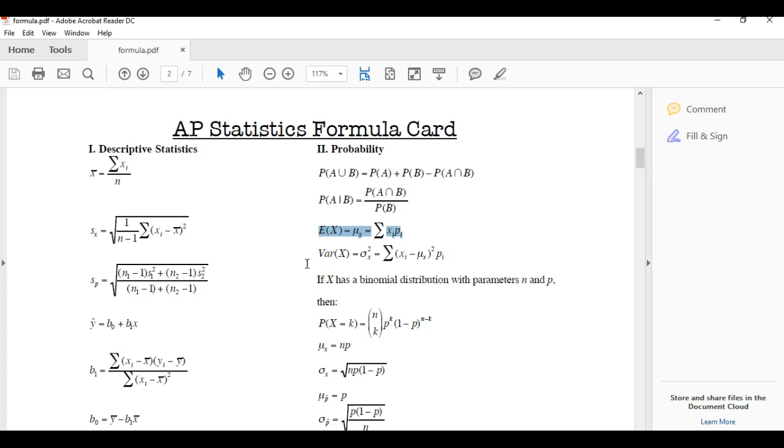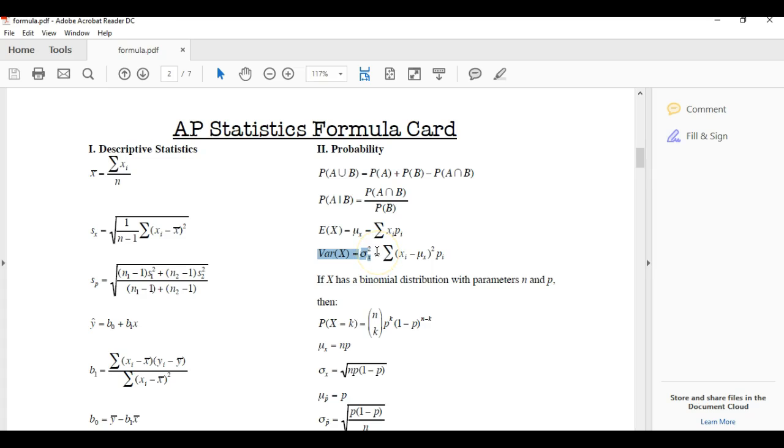Unfortunately, they don't give you the standard deviation, so you need to remember that the variance is your standard deviation squared. So when you're showing your work for the standard deviation of a probability distribution, an example like this would be number 5 from the 2002 exam that we just took in class.